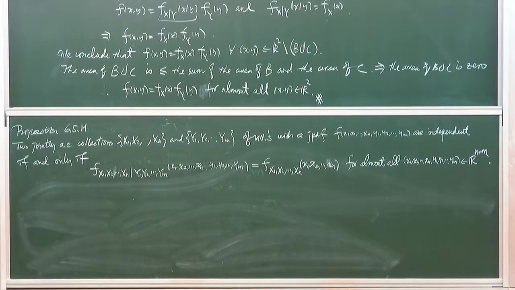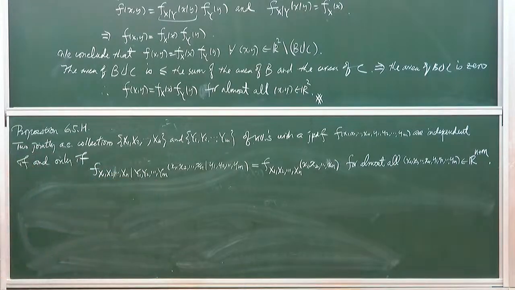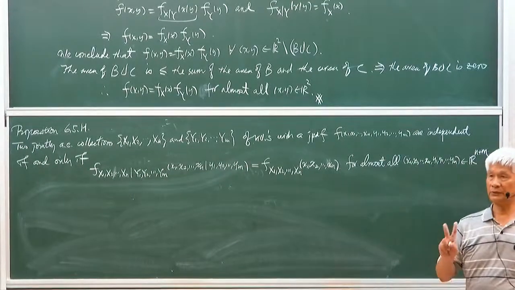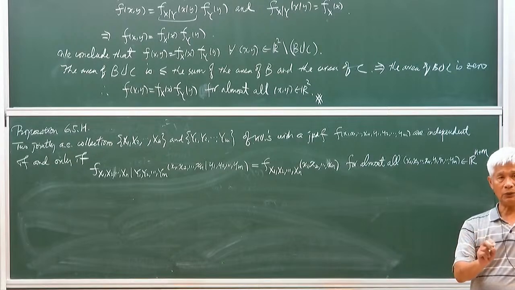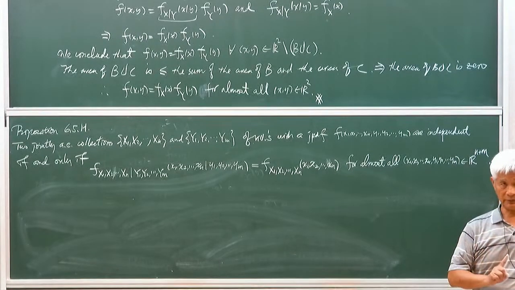So this is another necessary and sufficient condition for two collections of jointly absolutely continuous random variables to be independent. Okay. So up to now, we considered two special cases. Either all the random variables are discrete, this is the discrete case.